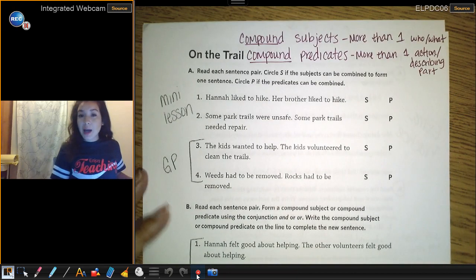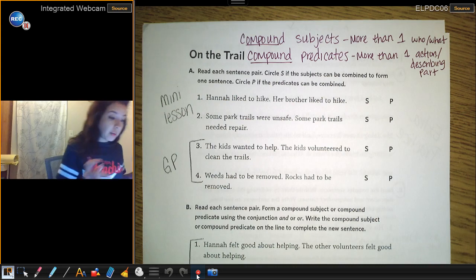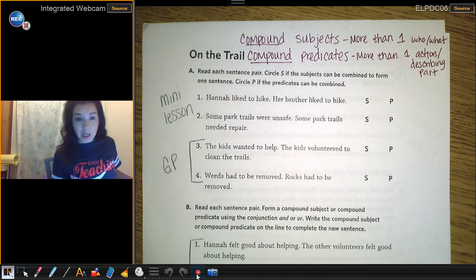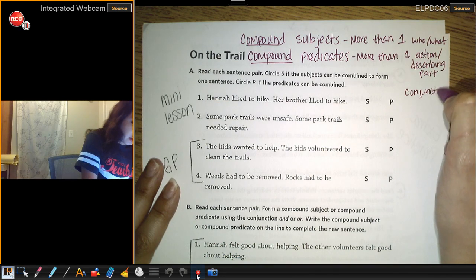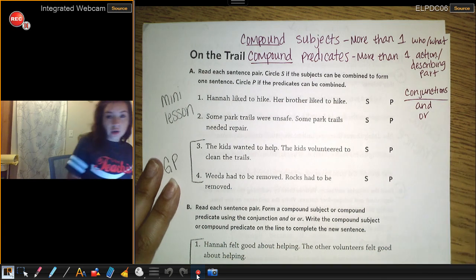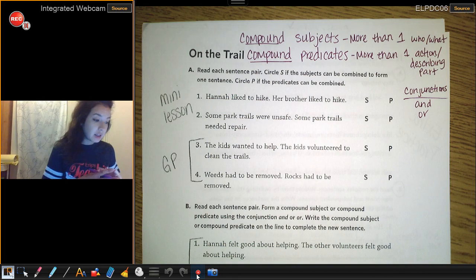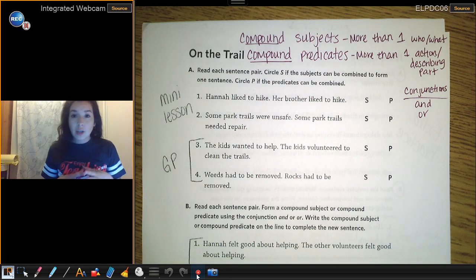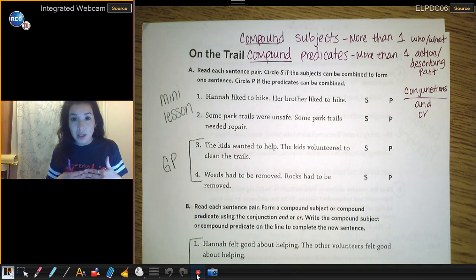Now they combine these using our coordinating conjunctions, like and or, right? So when we're combining sentences that have similar subjects or similar predicates, we don't want to be repetitive. We can combine those things into one simple sentence.